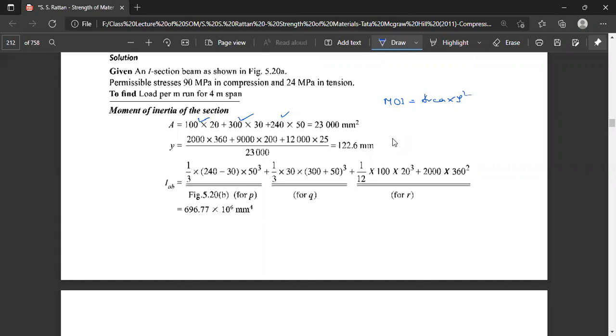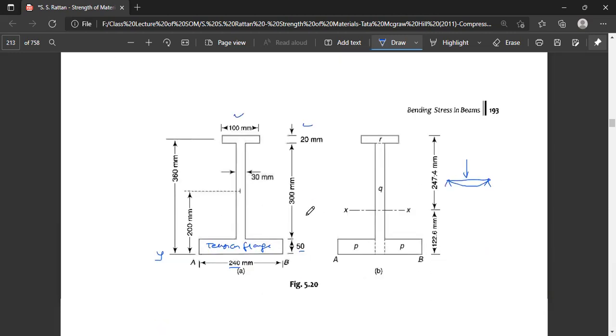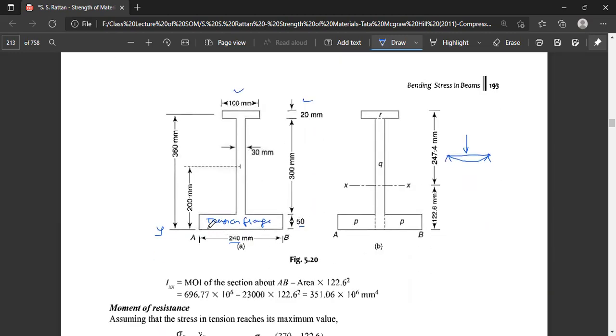Next, we have to find out the moment of inertia about AB. That is 1/3 multiplied by the distance 250 minus 30, that is the two areas, into 50 to the power 3. 250 multiplied by 30 means this area.